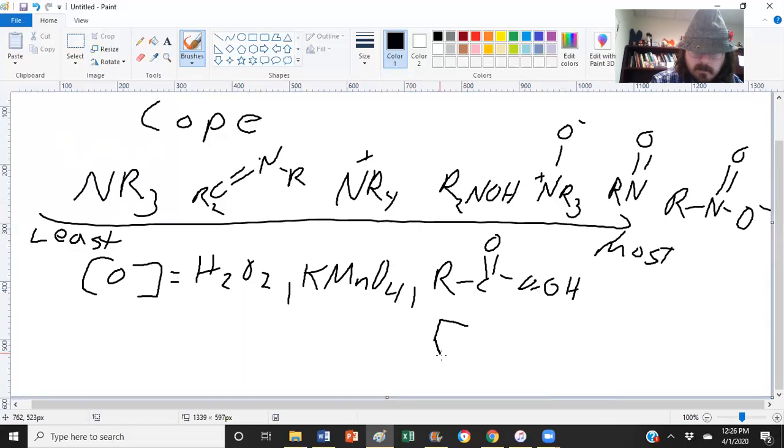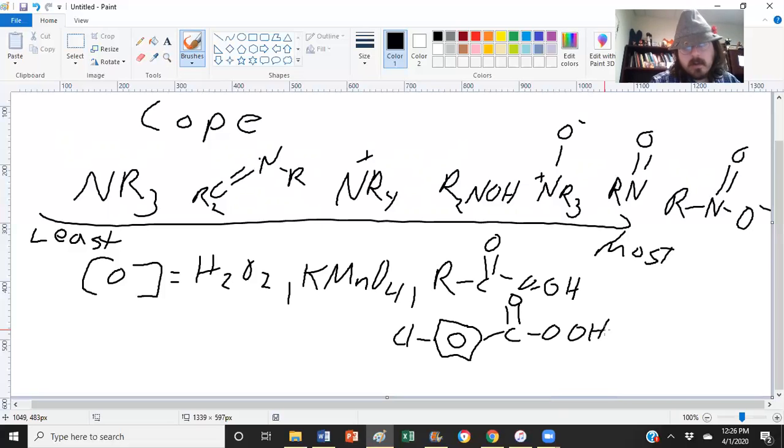If this is chloroperoxybenzoic acid, the chlorine isn't playing a part, the benzene isn't playing a part. They just stabilize it, withdraw electron density. The big part is this double oxygen, this peroxy. That's where it's coming from.